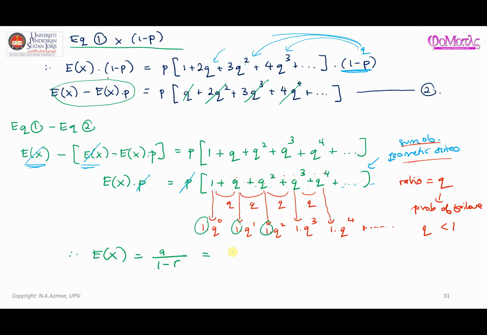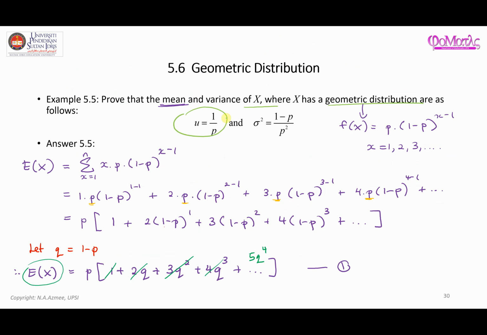And then 1 minus, what is r? r is q, so 1 minus q. What is 1 minus q? 1 minus the probability of failure must be the probability of success. So we get the expected value of x is equal to 1 over p. So this is what we are asked to show or to demonstrate right here on this part.